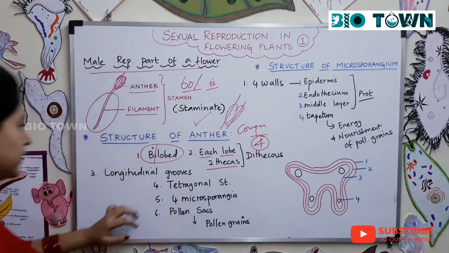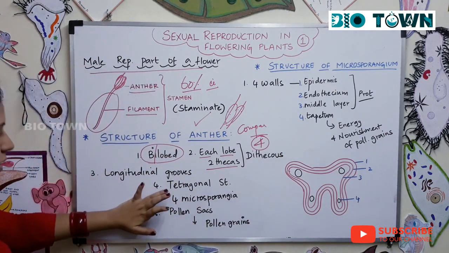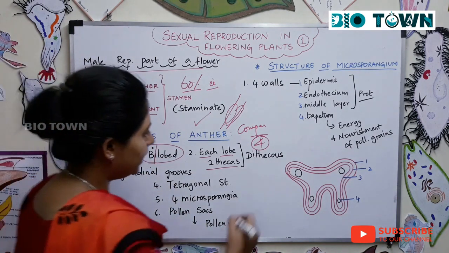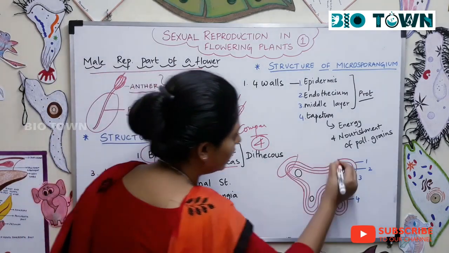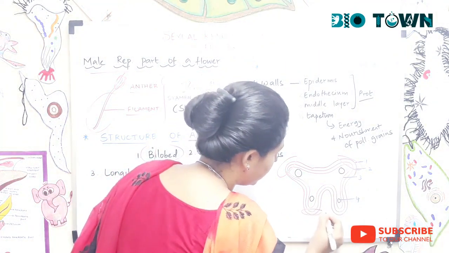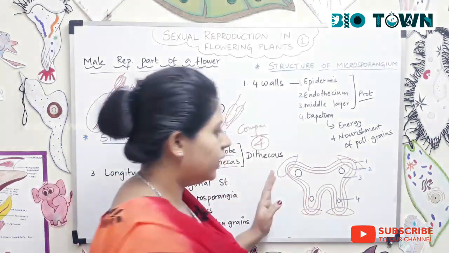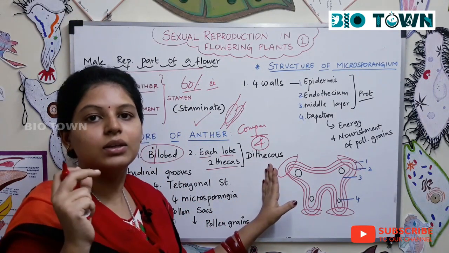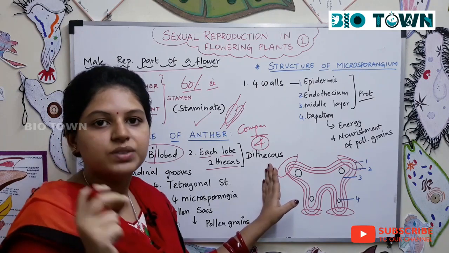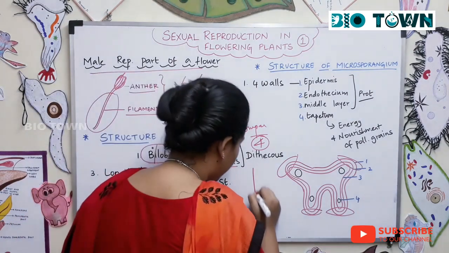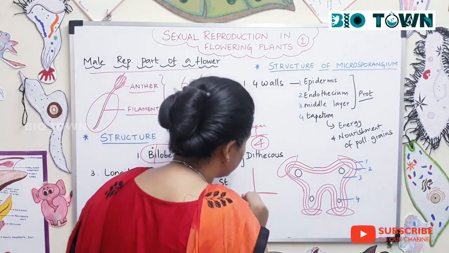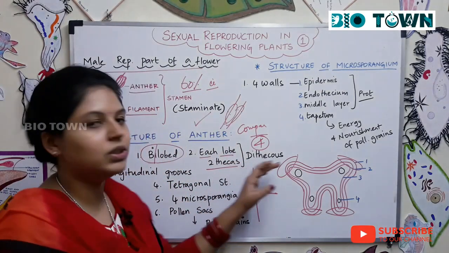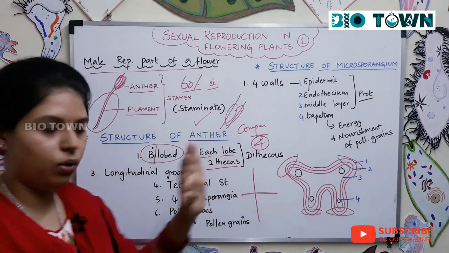Next, it is a tetragonal structure, which means that it has four corners. Four corners, and you call it a tetragonal structure. Now you have longitudinal grooves. Grooves are nothing but a line or a cellular structure that differentiates each of these lobes.